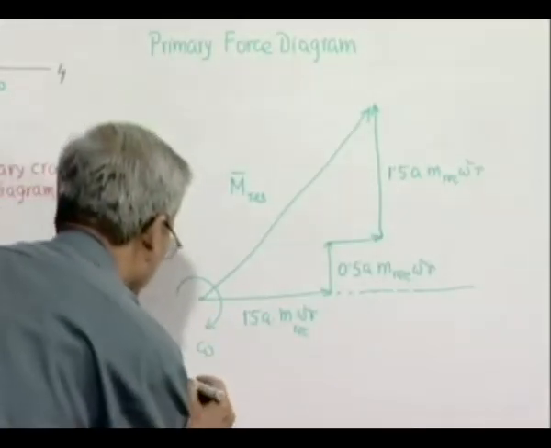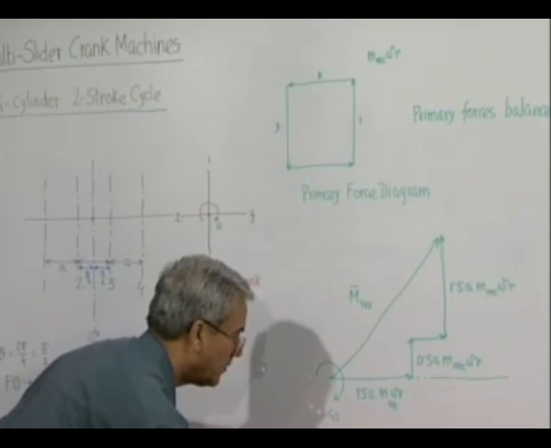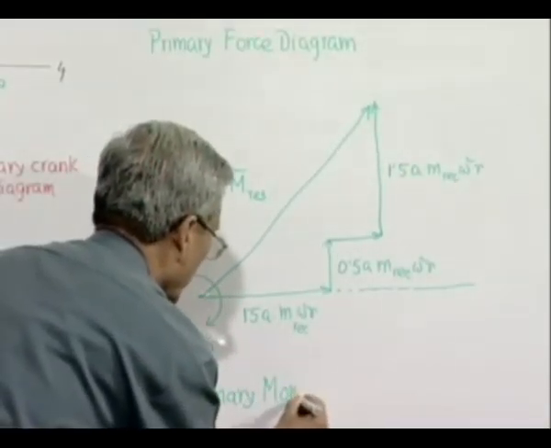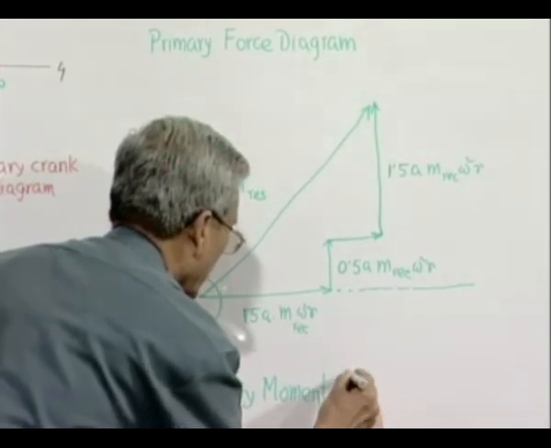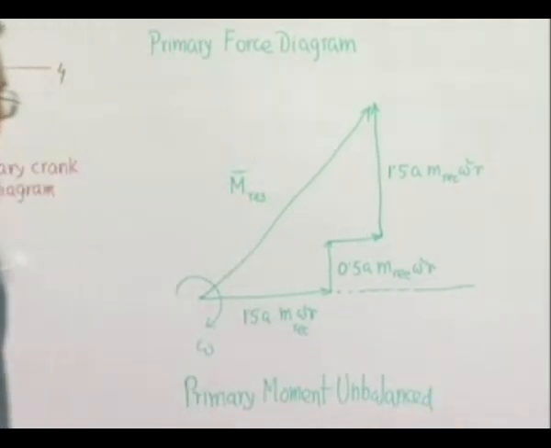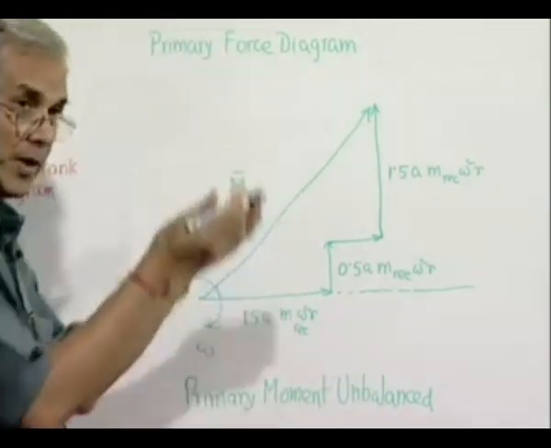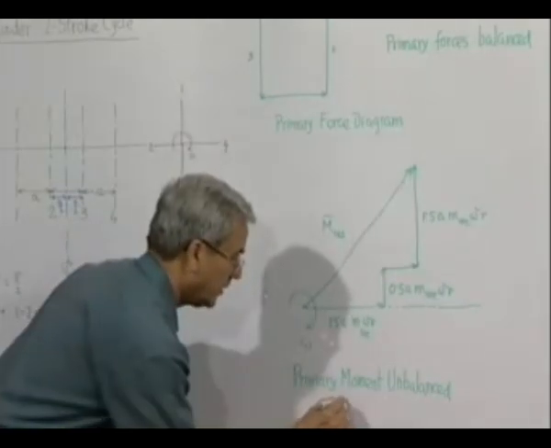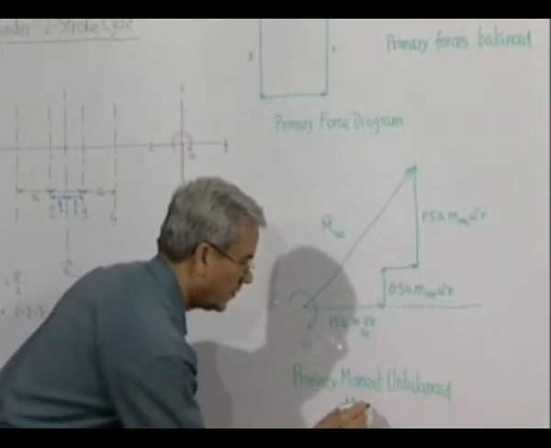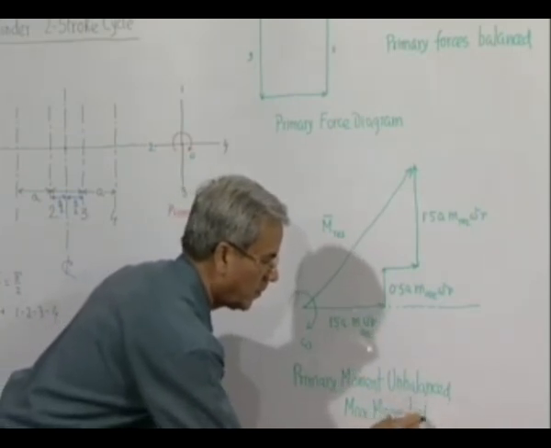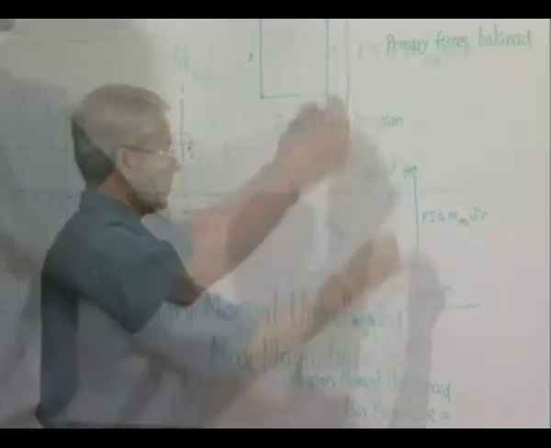So, the magnitude of the primary unbalanced moment, and since it is unbalanced, it will fluctuate. The magnitude is generally indicated by the maximum value, and that is equal to this, which you can easily find out.